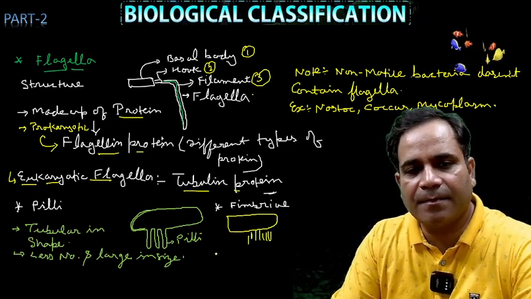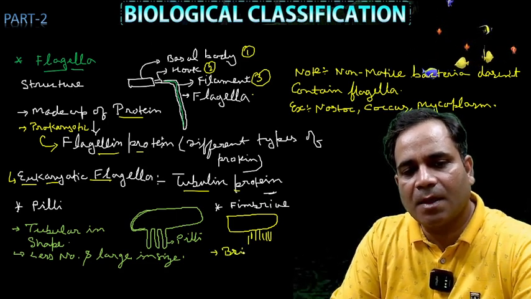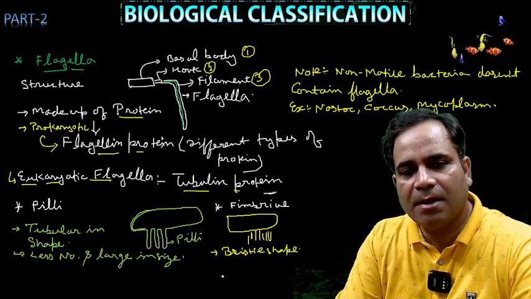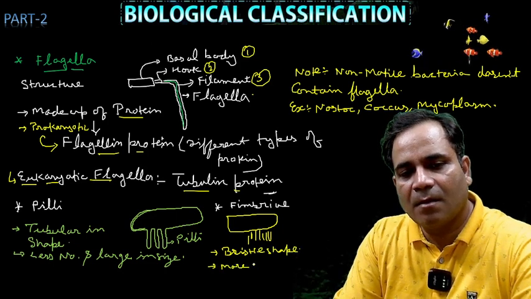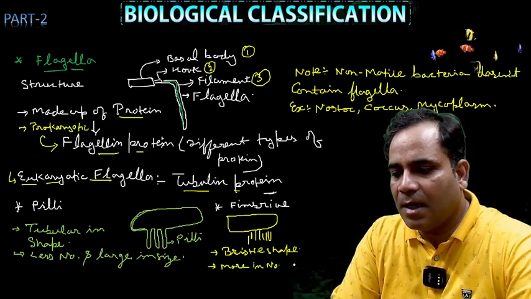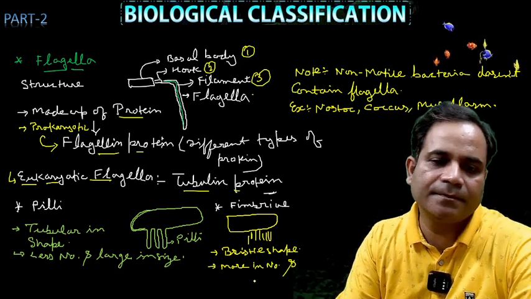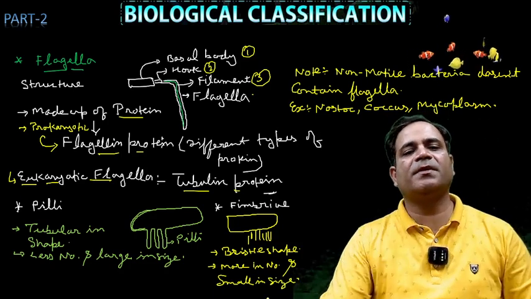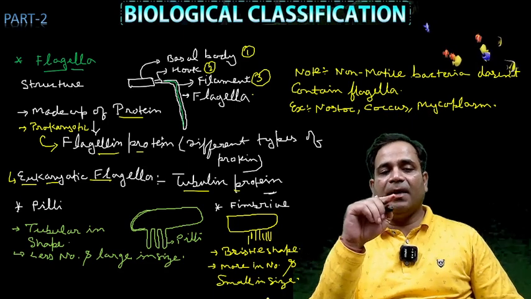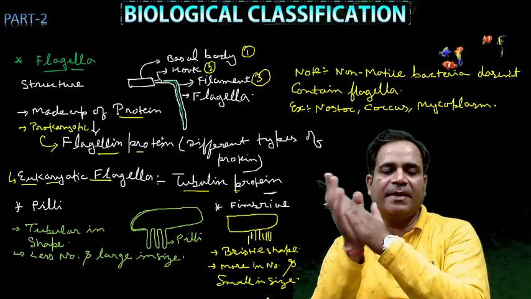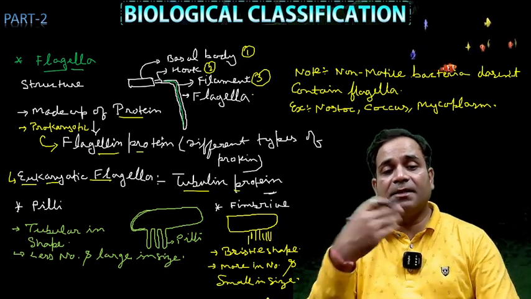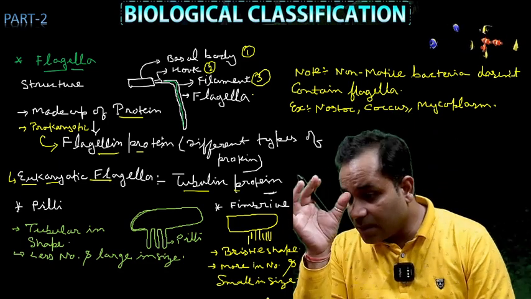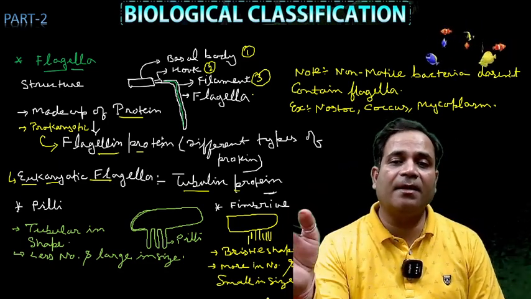This one is bristle shape, more in number, and small in size. So if anybody asks the difference between pili and fimbriae, what do you say? In pili, tubular in shape, while in fimbriae, bristle in shape. In pili, less in number but large in size, while in fimbriae, more in number but small in size. So this is the difference between pili and fimbriae. Correct?